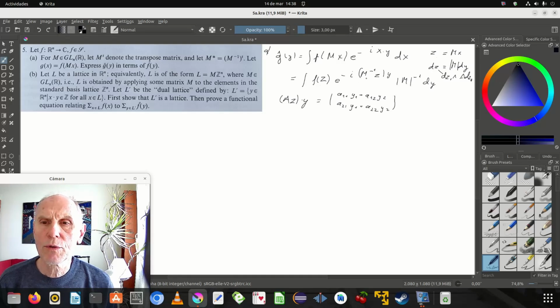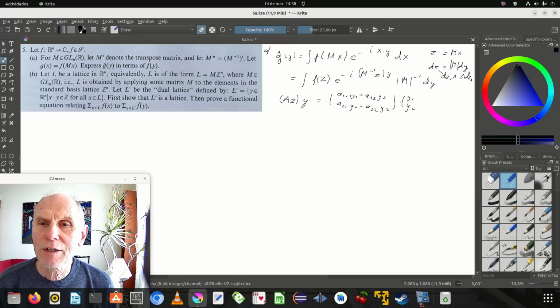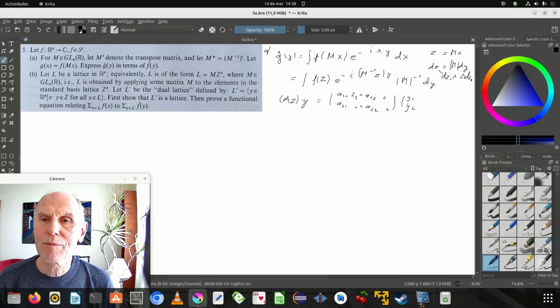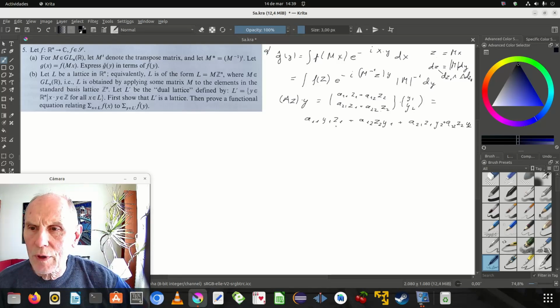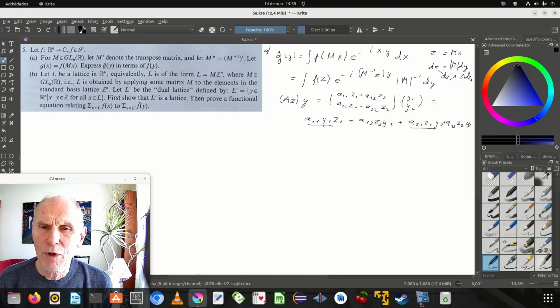So it's the first row, second row, this should be z. I'm just a little unconcentrated these days, it appears. And then we shall have those with z1 taken out. It's a1 1 y1.